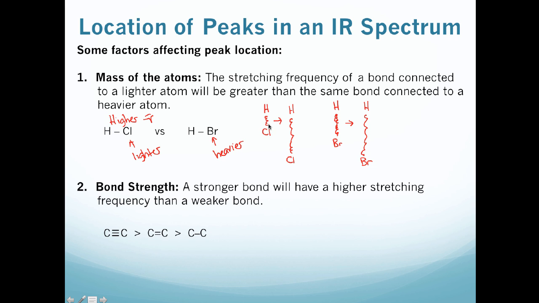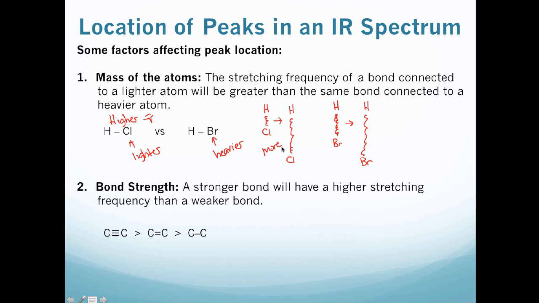So now to get a complete stretching of the spring, the HCl bond, because chlorine was lighter, is a tighter spring, so it's going to require more energy to fully stretch that out. And then you can think of the HBr, with bromine being a little bit heavier, it's not going to require as much energy to fully stretch that spring.